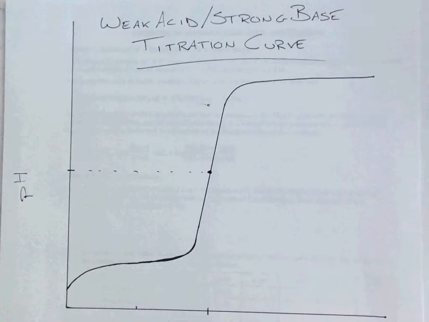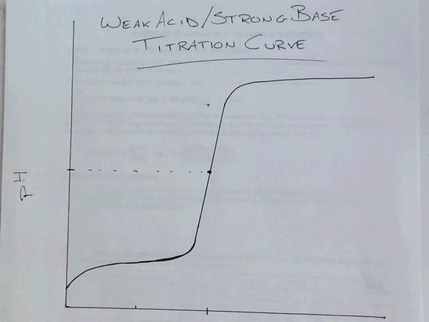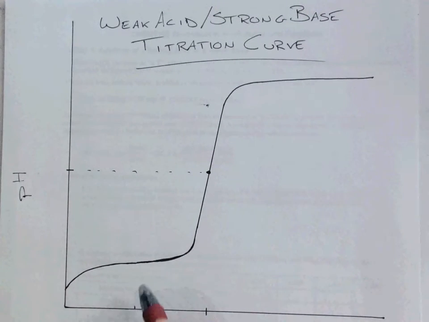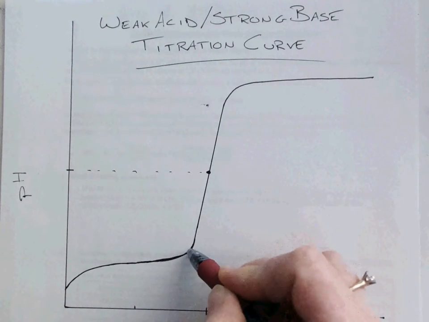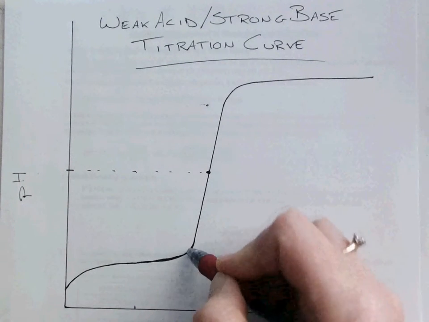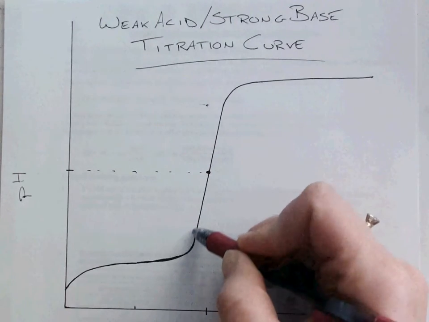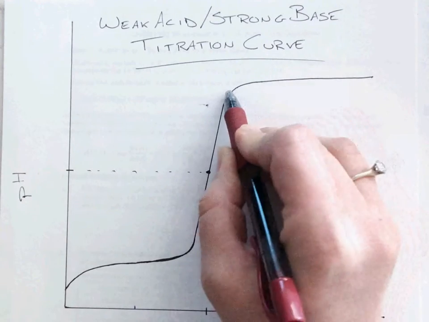As you add the hydroxide, it shifts to the right and shifts to the right, which means it's going to resist a dramatic, quick change in pH until you get close to the equivalence point. And then you've really overwhelmed that weak acid. You've shifted it as far to the right as possible, and then the pH is going to shoot up as you add the strong sodium hydroxide base.